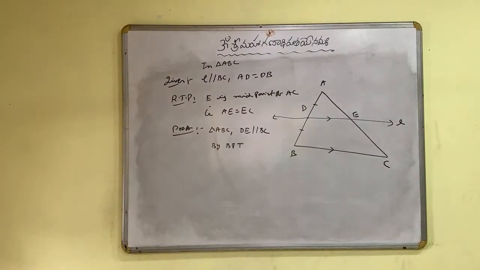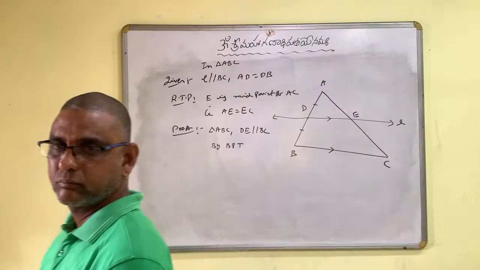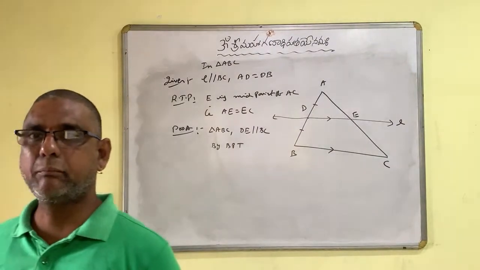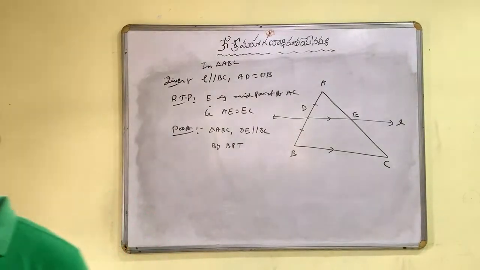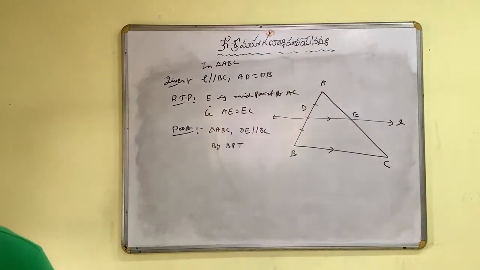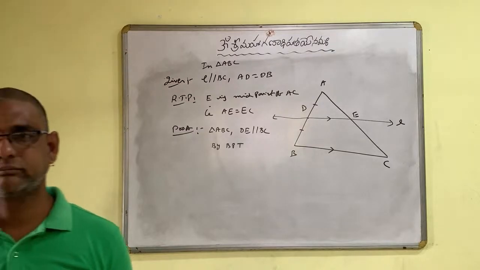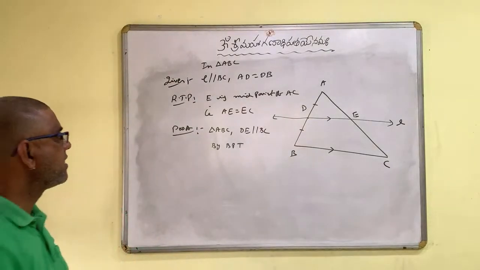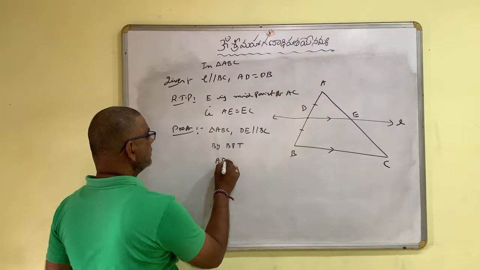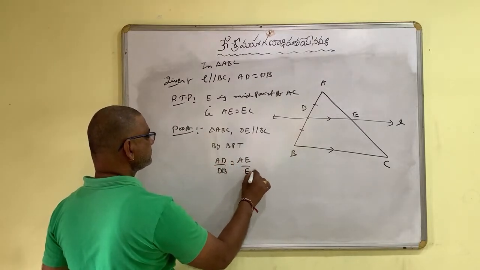We can apply the basic proportionality theorem because we have all the scenarios here: line L is parallel to BC intersecting AB and AC at different points. So AD by DB is equal to AE by EC.